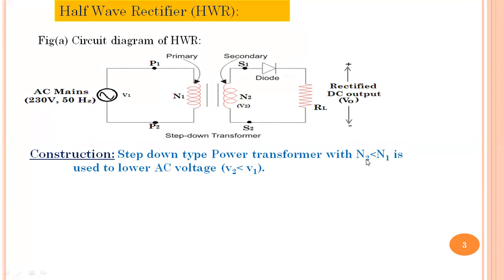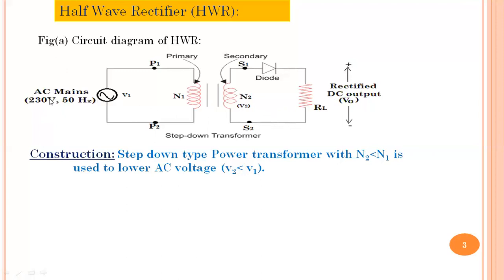N2 is less than N1, as a result of which the secondary voltage V2 produced across the second coil of the transformer will be smaller than the voltage V1 applied to the primary coil. So this brings a lowering of the AC mains voltage to the low value needed for the construction of a DC power supply.